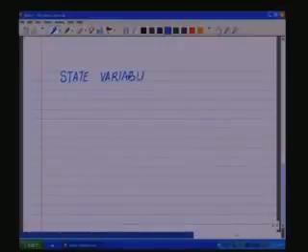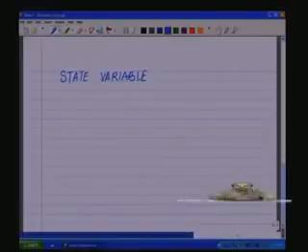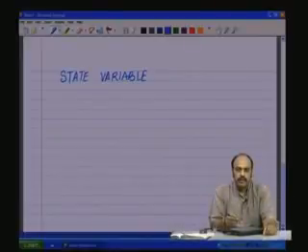Let us first have a look at what a state variable is. What can become a state variable? We have mentioned earlier that the inductance, capacitance, and probably in other domains the inertias, are all energy storing elements.